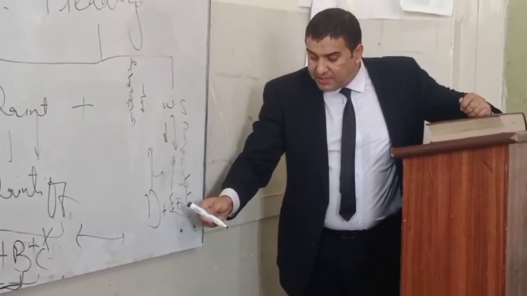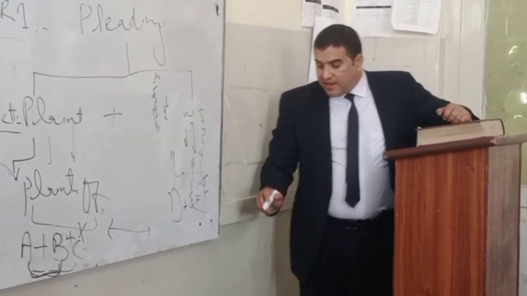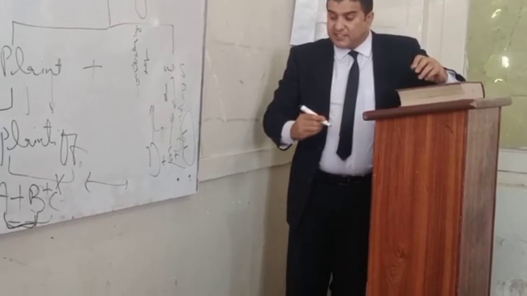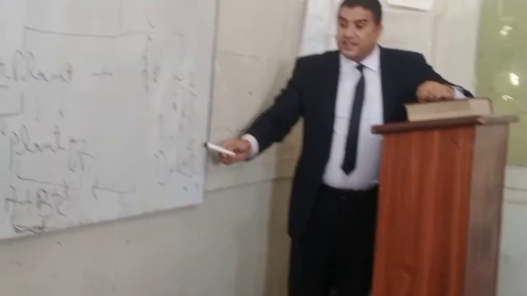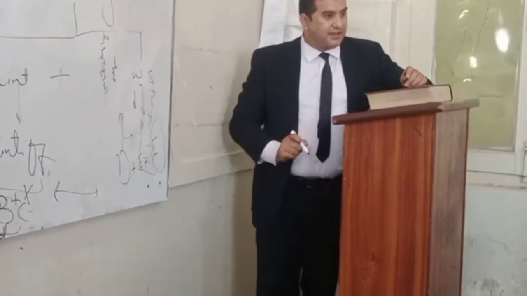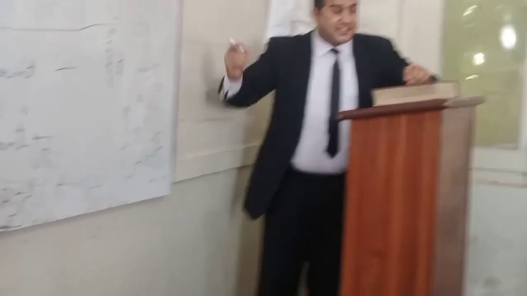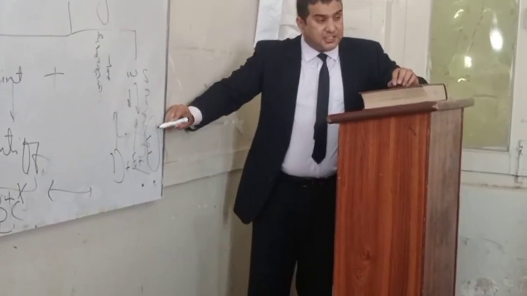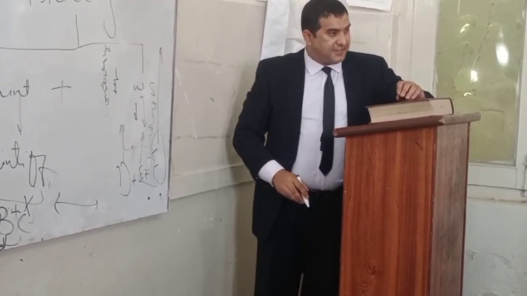He has got no nexus, no connection with D. As far as another defendant is concerned, he can also say that he accepts the entire claim of A, B, C. When he says that he accepts the entire claim of A, B, C, in that eventuality, he is known as supporting defendant.